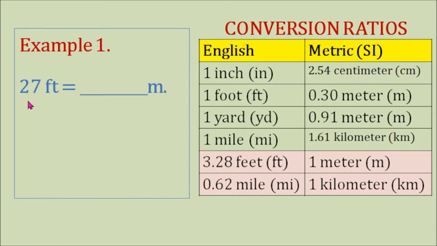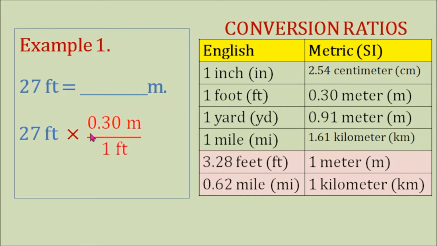Example number 1. 27 feet equals how many meters? First, we are going to copy down the measurement that we are going to convert, 27 feet. Then we are going to multiply it by a conversion ratio. From our table, 1 foot equals 0.30 meter, so we are going to make a fraction showing foot on the denominator in order for us to cancel out feet.